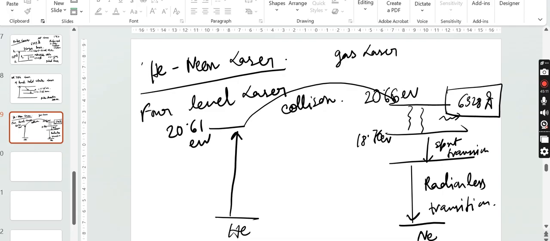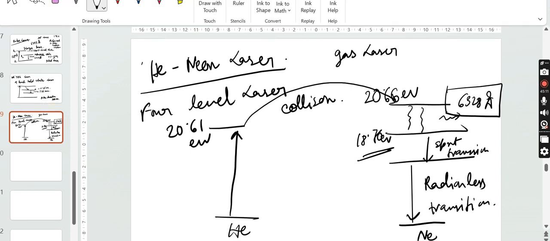So when an excited neon atom passes spontaneously from the metastable state at 20.66 electron volt to the state of 18.70 electron volt, it emits a 6,328 angstrom photon.